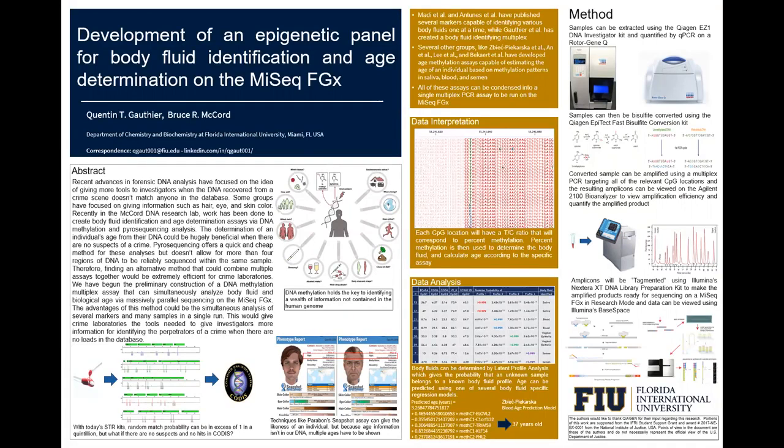So, what we wanted to do is start looking at moving this towards a larger, massively parallel sequencing platform, such as the MiSeq FGx from Illumina. The idea in this project is that we're going to be able to amplify nearly 20 regions or 20 markers of DNA that are going to be looking at body fluid identification for saliva, blood, vaginal epithelia, and semen, as well as age prediction models with saliva, blood, and semen.